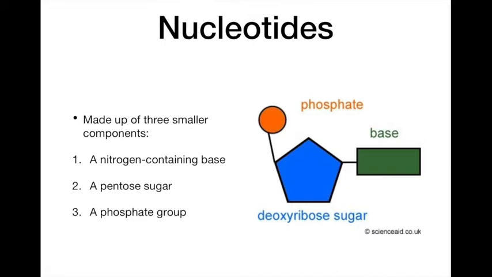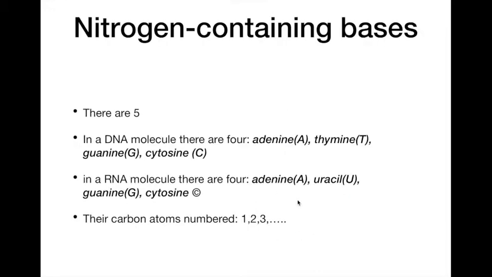Deoxyribonucleotides make up DNA and ribonucleotides make up RNA. We will see where that difference is. It's not on the phosphate, it's not on the base, it's actually on the deoxyribose sugar.